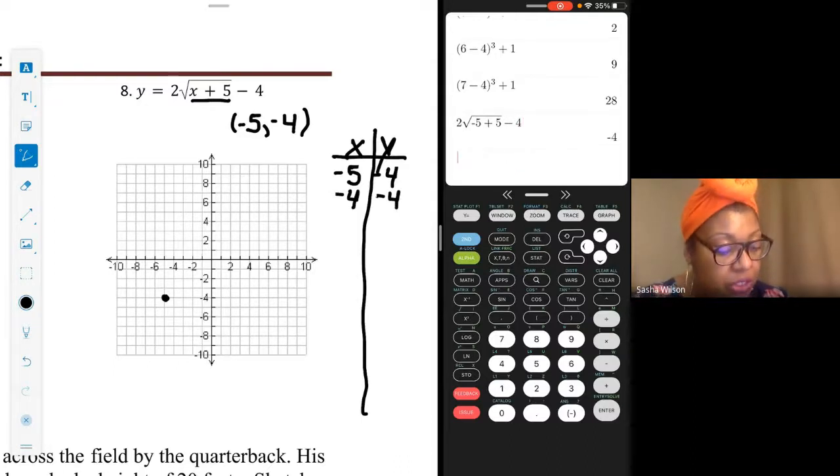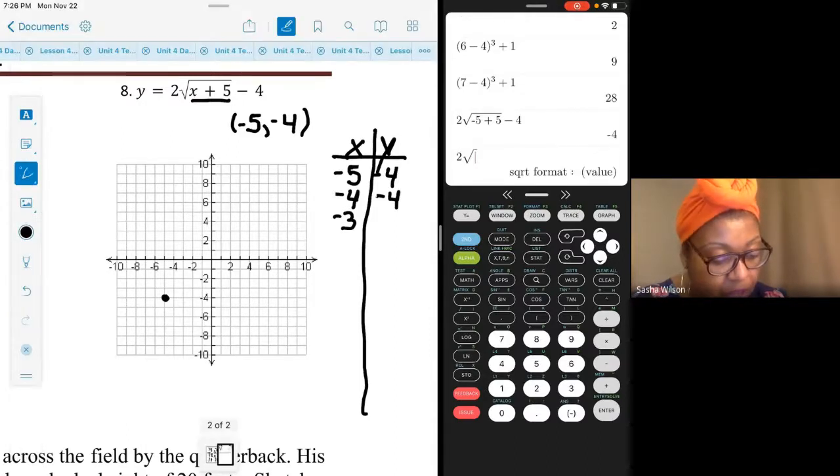So I kind of wanted to show you that. Naturally, you would say, oh, let's plug in negative 3. I'm going to show you why negative 3 won't work, but let's show you on the calculator. So if I plug in negative 3 plus 5, and then I'm going to do negative 4.